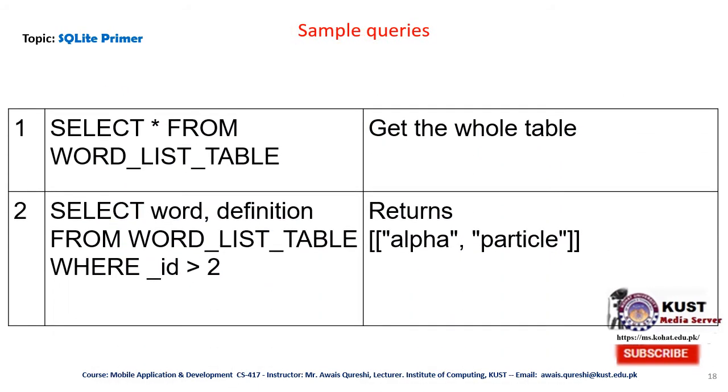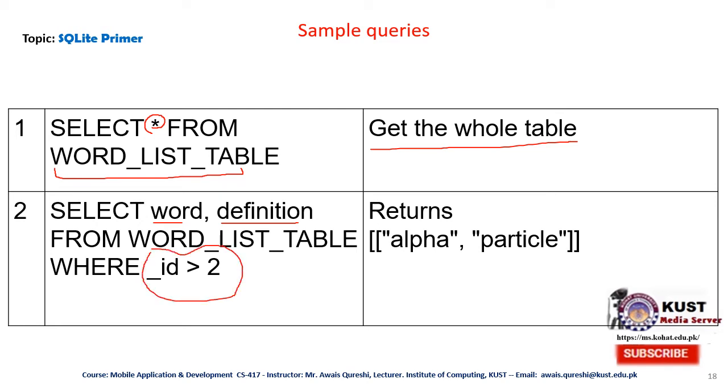Sample queries are there. If you want to get the whole table, every record from the table, then you can use this special symbol, the asterisk, from the table called word list underscore table. It will get the whole table. Similarly, we can use column syntax as well, word comma definition, from word list table, where ID here is the condition.